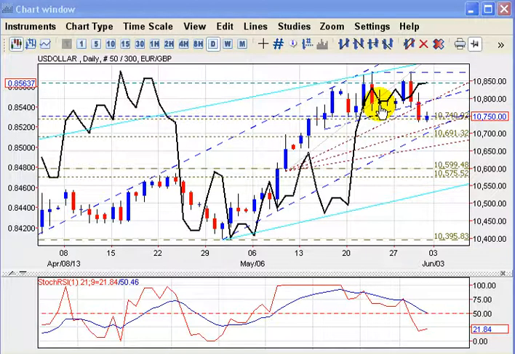Also, as far as the line chart for the euro-pound cross rate, you can see that there is actually also a selling divergence, which we also explained in our previous articles and market view analysis.